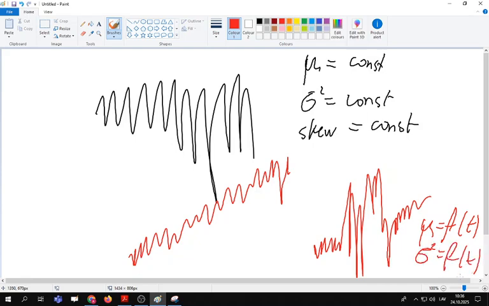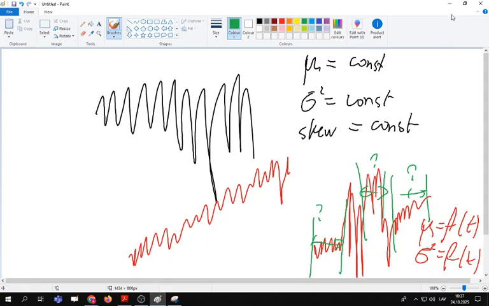So now it is a variable parameter. We cannot say that the average of that signal is some number, because the question is, what interval are we talking about? Are we talking about the average over this interval, or over this interval, or maybe over this interval? Whichever interval you choose, the average is going to be different, actually by a lot. So that is called a non-stationary process.